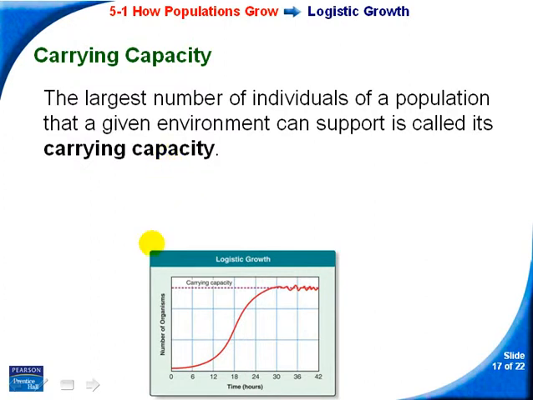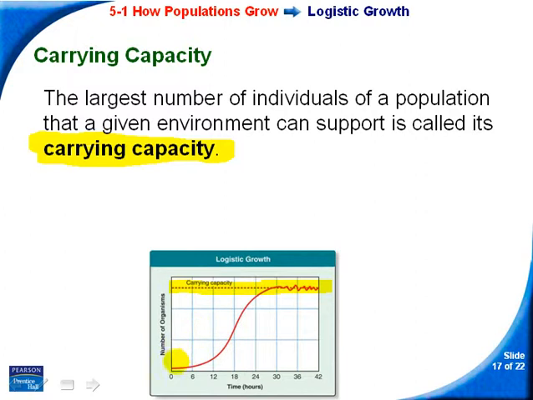What causes this to occur is a shortage of resources at that point, and the number of individuals that can fit in a particular environment is what's called the carrying capacity. Here you can see on this chart the carrying capacity is represented by this dashed line.